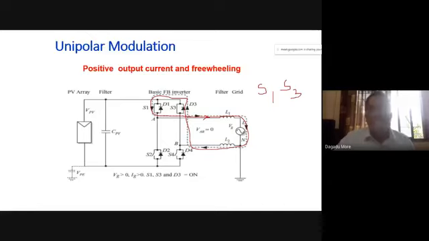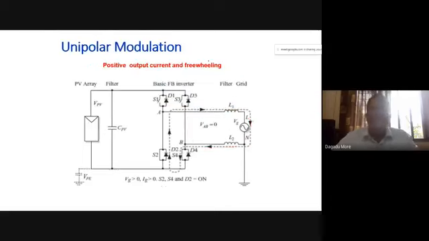Next configuration for positive current: S2 may be on, because both are operating at high frequency. So next we have S2 and S4 on. These are the possible combinations for the positive half cycle: S1 and S4, then S1 and S3, then S2 and S4.